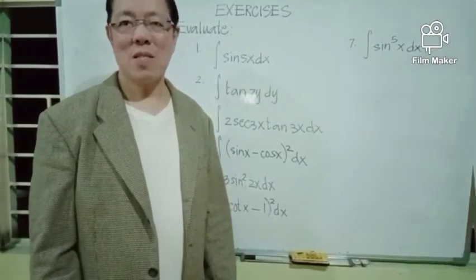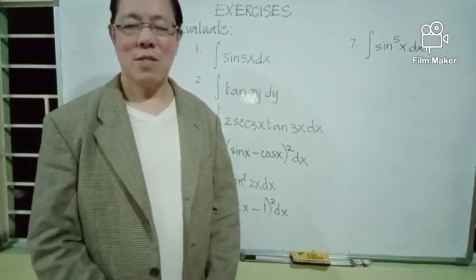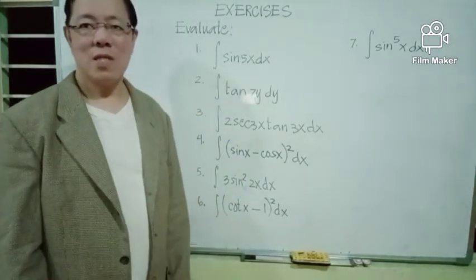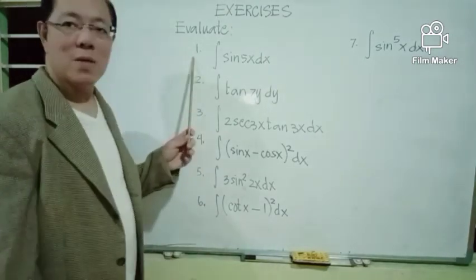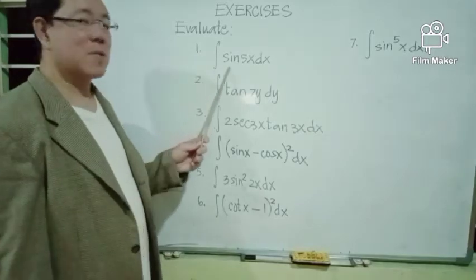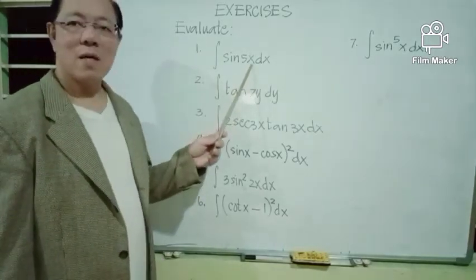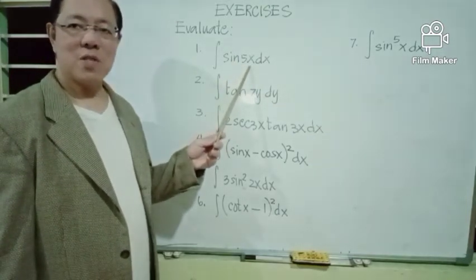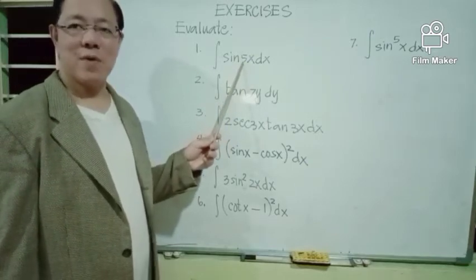For your practice, please try the following exercises. The instruction is to evaluate, that is, to find the integral of the given functions. In number 1, we have the integral of sine 5x with respect to x. You note that sine is a function of an angle whose coefficient is not a single variable, but has a coefficient of 5.